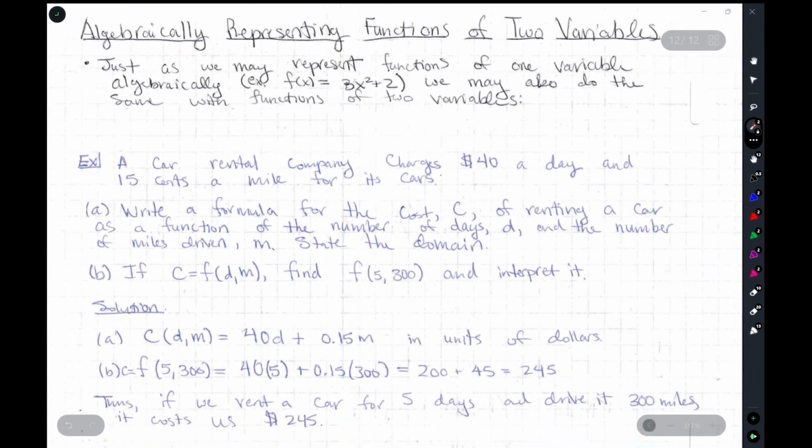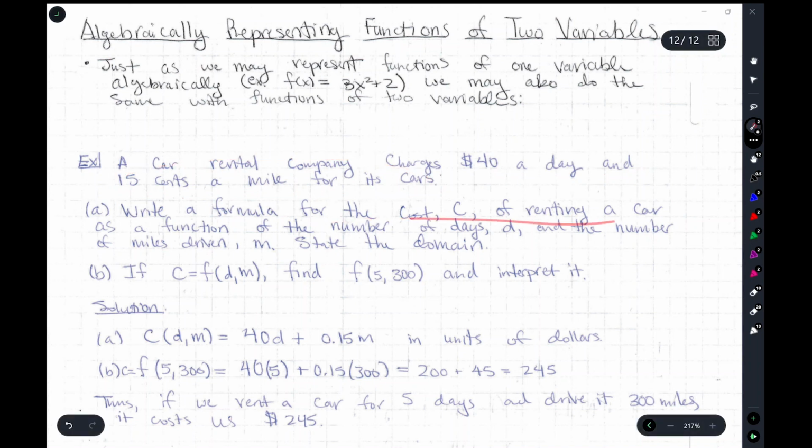We could also represent functions of two variables algebraically. And what we mean by algebraically here is that, just like we have a function of one variable, f of x, we could write out f of d, m. For example, in this case here, we have a car rental company that charges $40 a day and 15 cents a mile to rent its car.